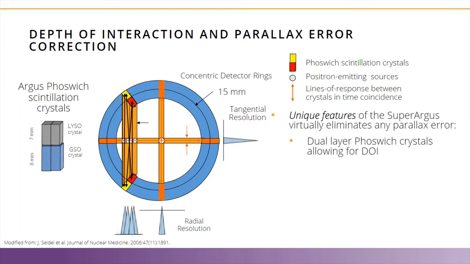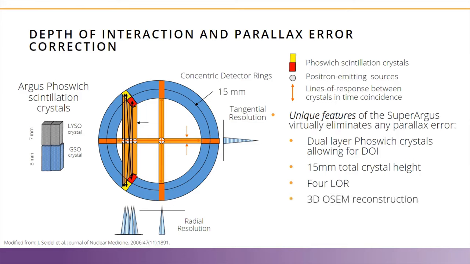The phosphorus design of the SuperArgus virtually eliminates the parallax error by allowing true depth of interaction information. The overall height of the crystals is also increased, having a total height of 15 millimeters. Also important is the ability of the phosphorus detectors to provide 4 lines of response, as the gamma rays may interact with either the top or bottom portion of either crystal.